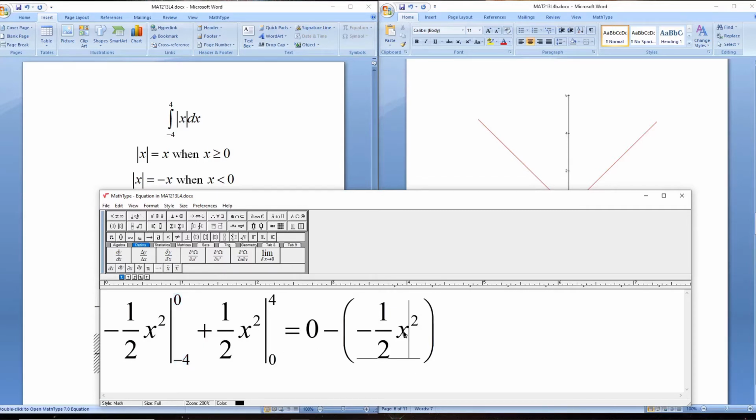So we'll have -4 squared to get us a 16. 1/2 times 16 will give us an 8. And then minus and minus will make this a +8. And this is what we got for the fundamental theorem of calculus on the first antiderivative.